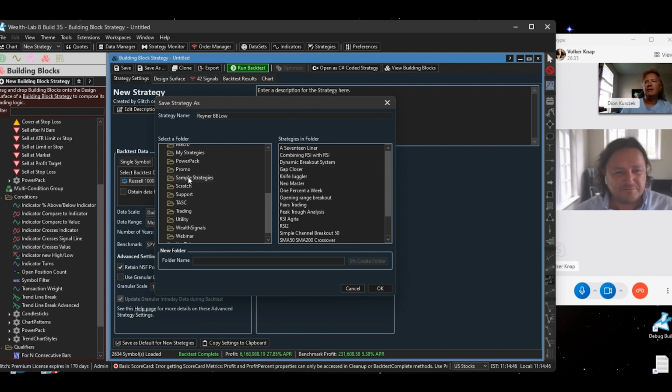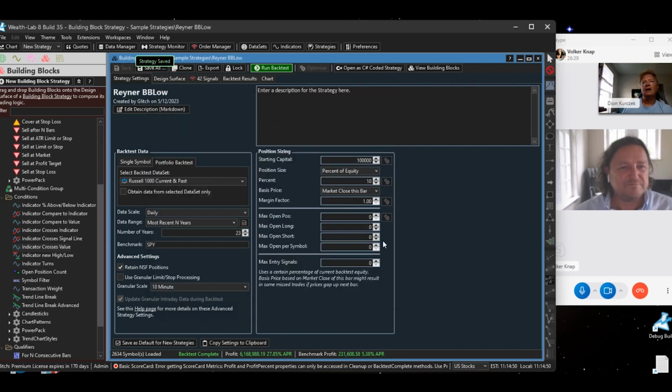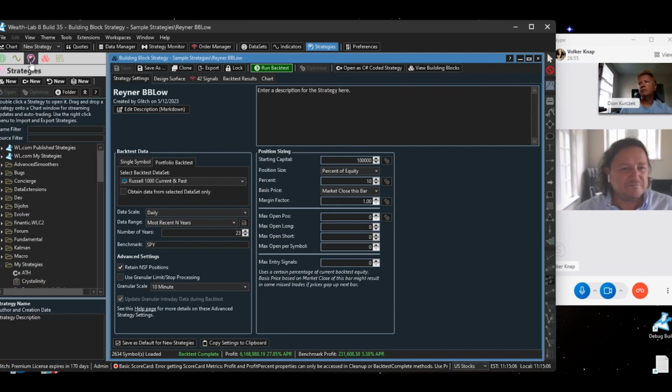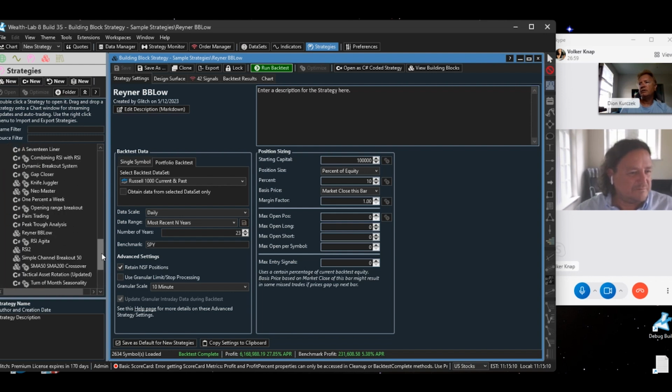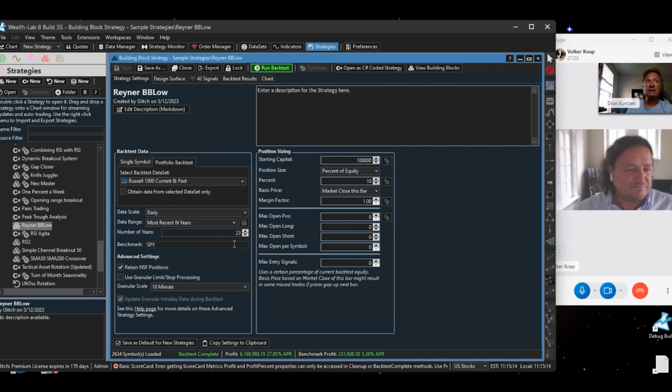We'll save it in our sample strategies folder, and if you install Wealth Lab 8, you will then get it in your sample strategies. So get Wealth Lab 8, install it, go to your sample strategies folder, and you will find it there. You'll be able to test it out yourself.